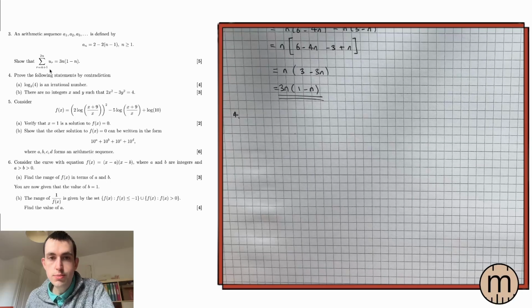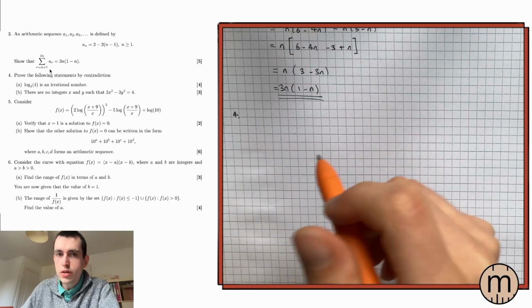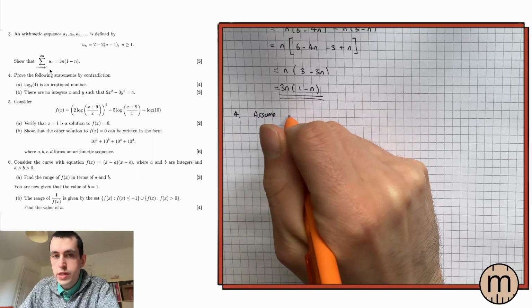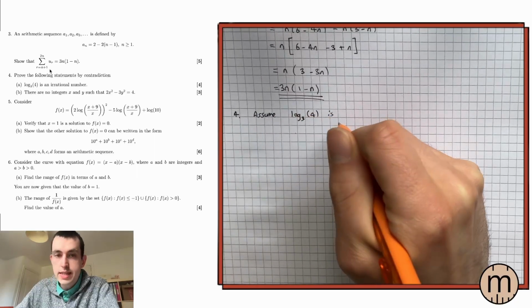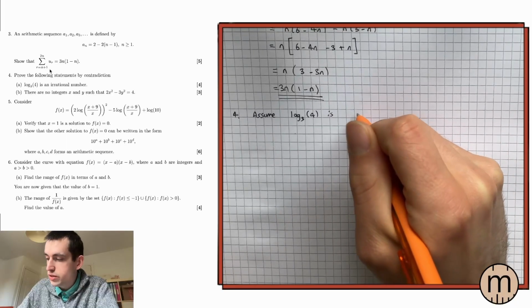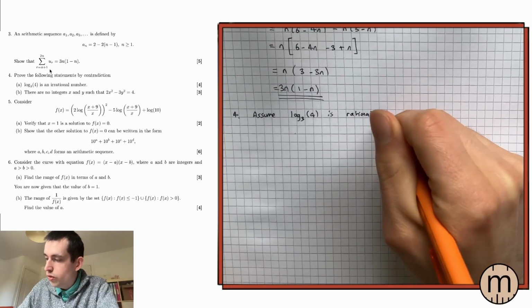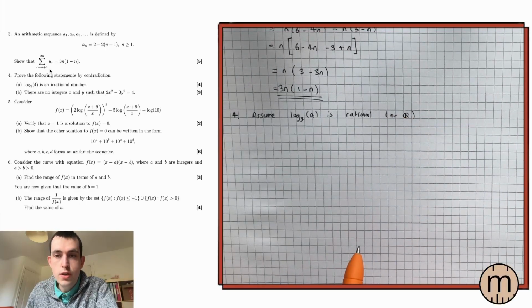The first one is proving that the logarithm base 3 of 4 is an irrational number. If it's a contradiction, remember that you've got to assume the opposite. So why don't we assume that the logarithm base 3 of 4 is the opposite of being irrational, which means it must be rational. Or, if you want to use the proper notation, the blackboard Q. If it's rational, what does that mean?